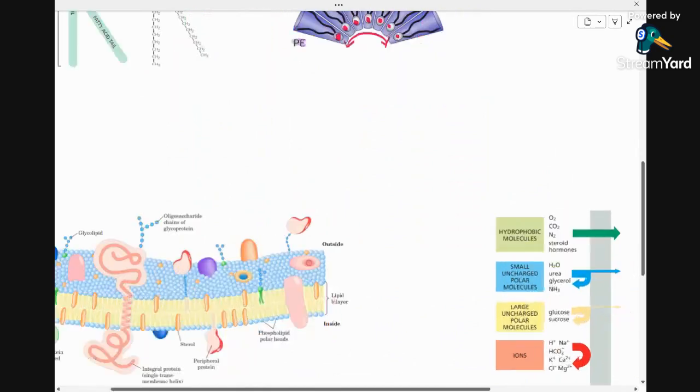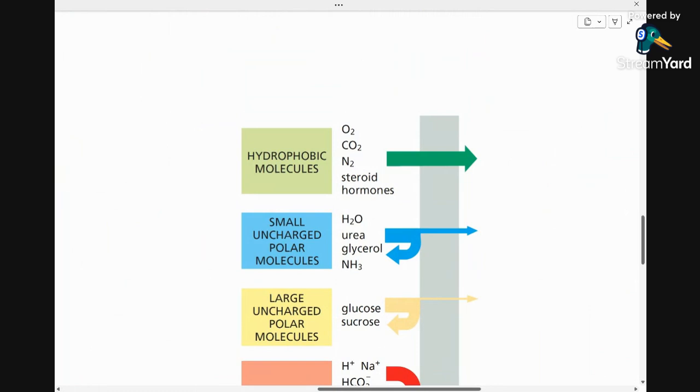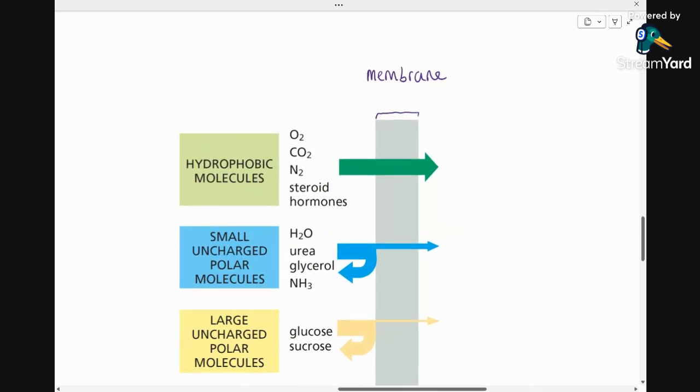I'm going to show you this instead of drawing it all out. And the point here is this. This grey bit here is the membrane. It could be the cell surface membrane, or it could be that of an organelle. And it is hydrophobic, right?